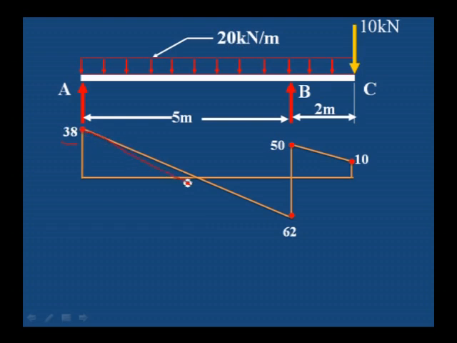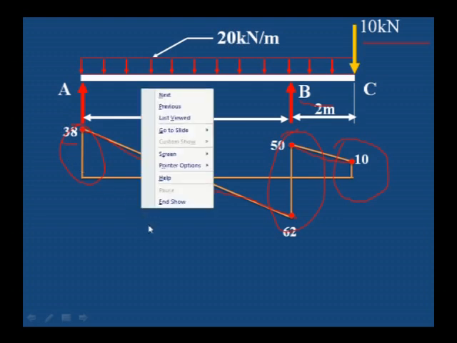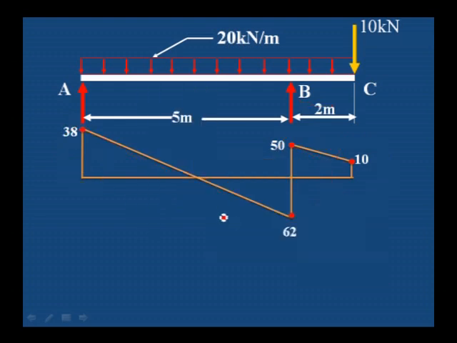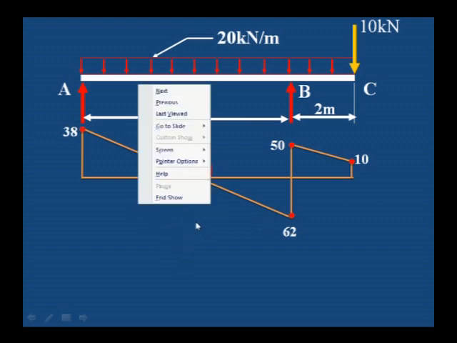You can see it is an inclined line because here uniformly distributed load is acting, and here also it is an inclined line because UDL is acting. Vertical line here because point load is there, vertical line here because RB is there, vertical line here because the vertical load of RA is there. And you can observe here, this is the point where shear force changes its sign, where we will get the maximum bending moment.